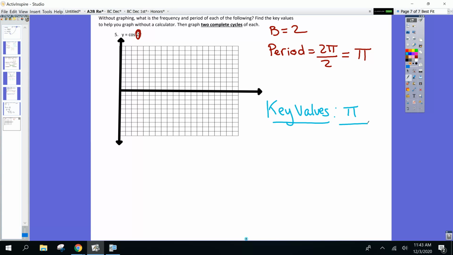Yep, it's always divided by 4. So that means we're going to put a tick mark every pi over 4. Remember yesterday it was easy: it was 2, 4, 6, 8. But now it's pi over 4.